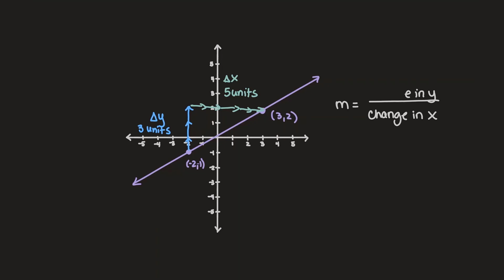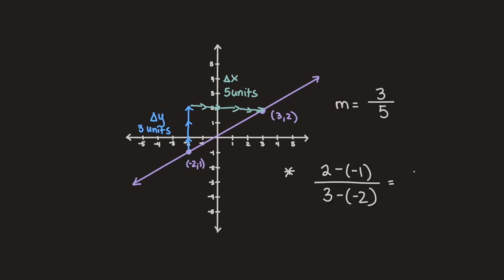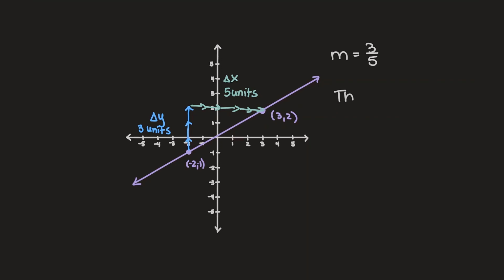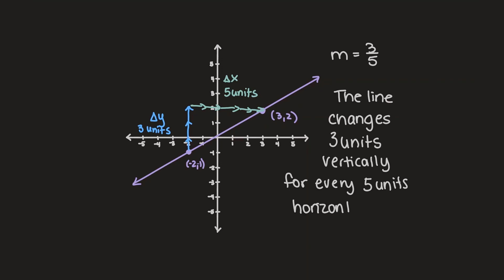Therefore, our slope is 3/5. We can also calculate this by taking the difference in the y-coordinates over the difference in the x-coordinates. We say the line changes 3 units vertically for every 5 units horizontally.